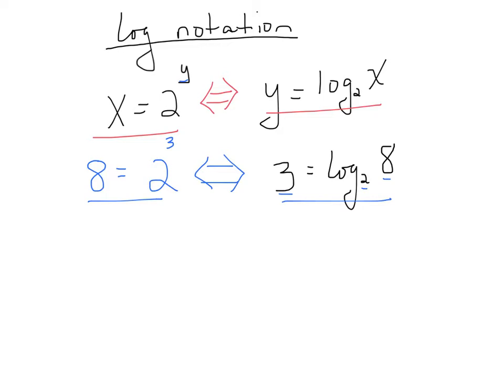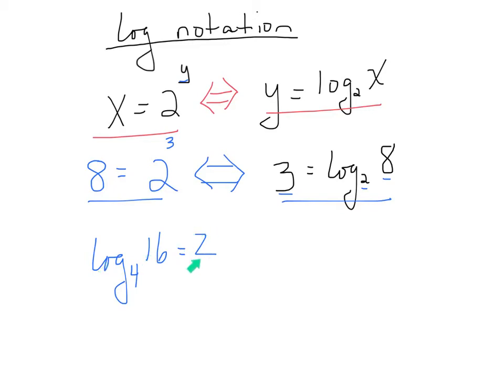Let's try another one. So I'm going to look at this one and I say log base 4, and that's how I'd read this, log base 4, it's subscripted, of 16. I can figure out what that equals, and I know that it equals 2, because I know that when I find the log of a number, and that's what this is, the log of a number, I'm looking for the exponent.